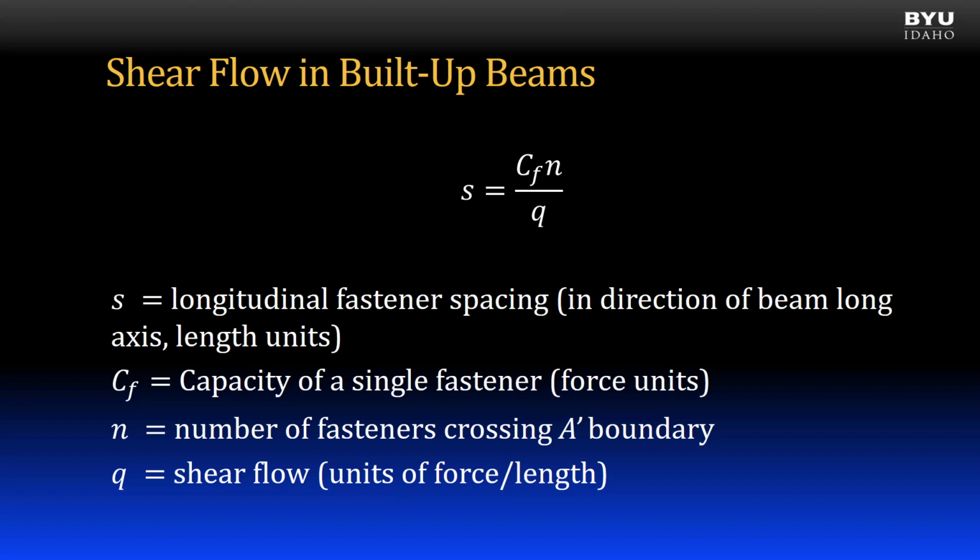It has units of pounds or newtons and can be found from testing or manufacturer data. n is the number of fasteners in a single cross-section. For example, having 2 fasteners side by side doubles the load capacity. Lowercase q is the shear flow, calculated with the shear flow equation shown earlier.